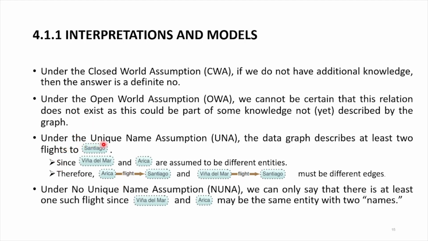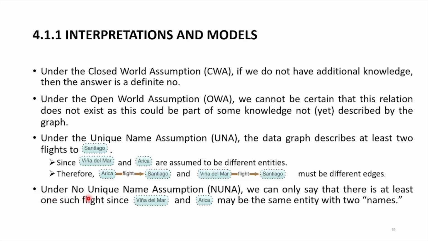Likewise, under the unique name assumption, the data graph describes at least 2 flights to San Diego, since Vinodemar and Arica are assumed to be different entities. Therefore, Arica flies to San Diego and Vinodemar flies to San Diego must be different flights.